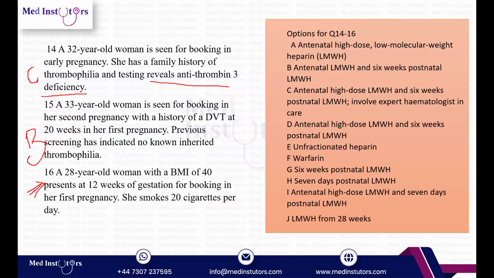Now 3. Yes, you all have answered 3. So for 3, what do we do? Do we start antenatally from 6 weeks or from 28 weeks? Yes, ma'am, from 28 weeks. So yes, you all are correct, guys. It's J.